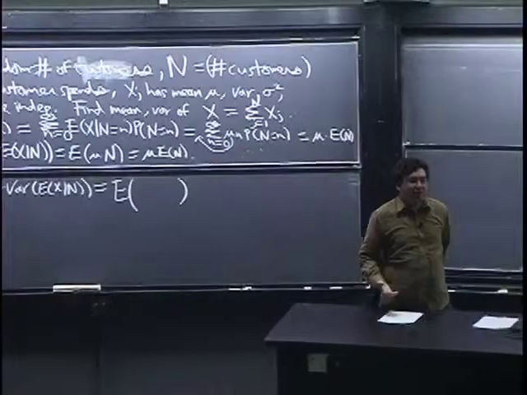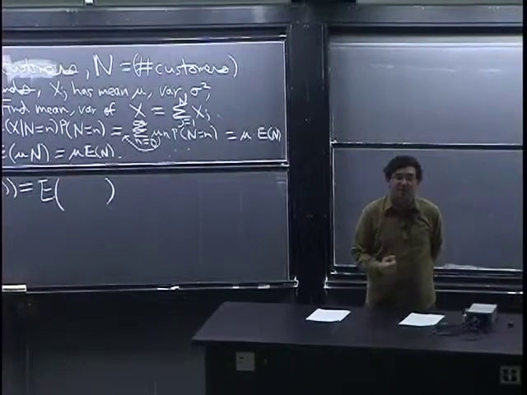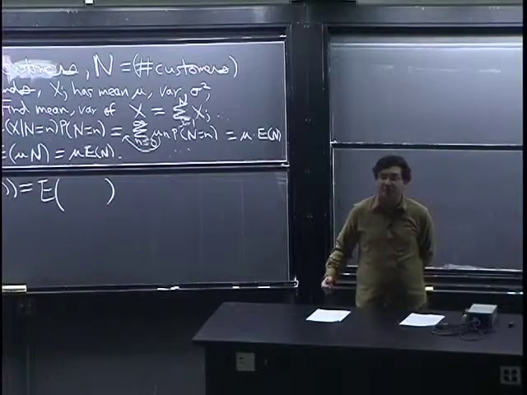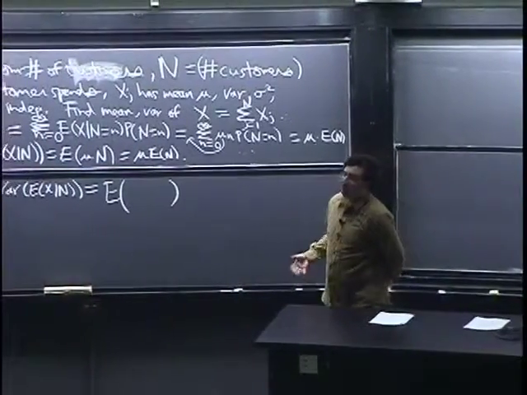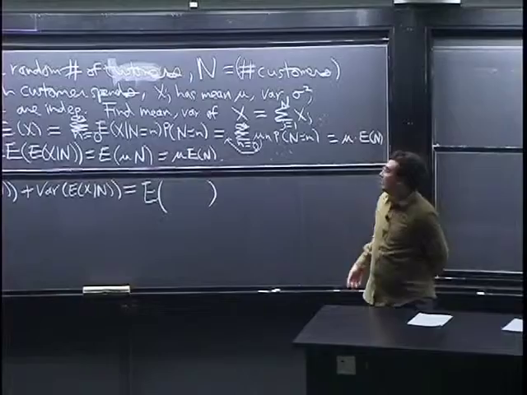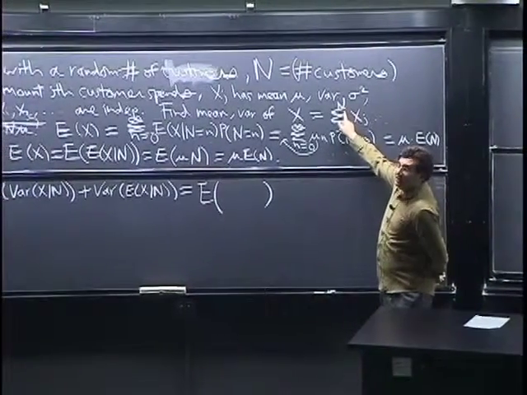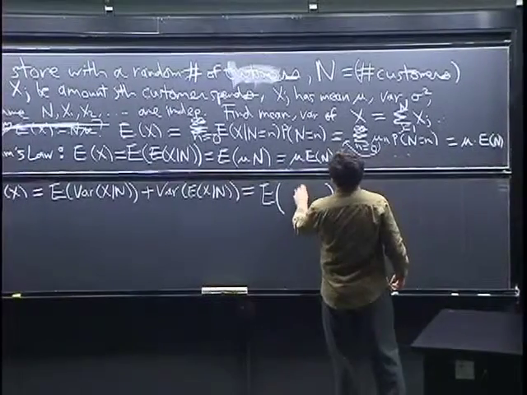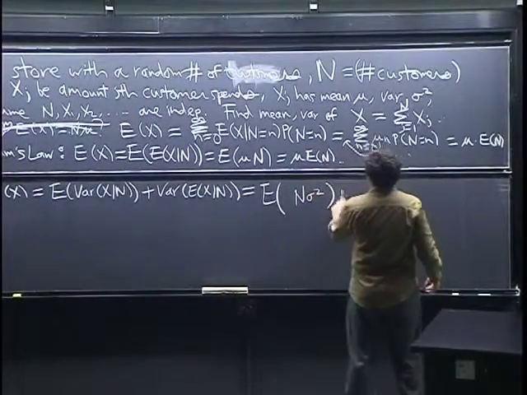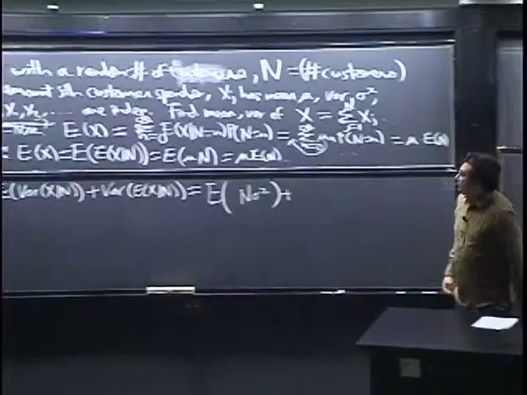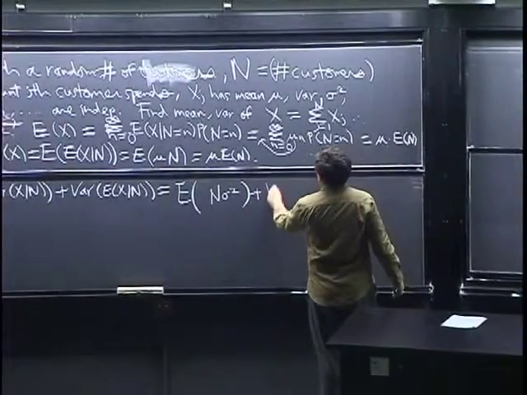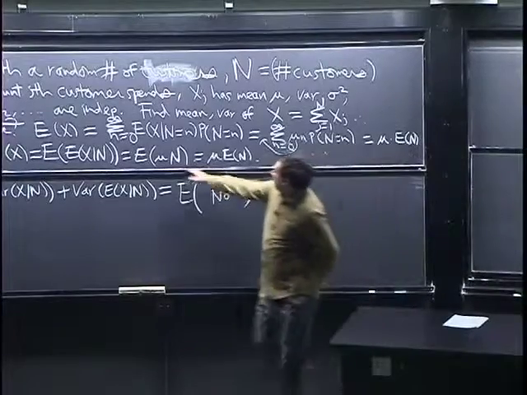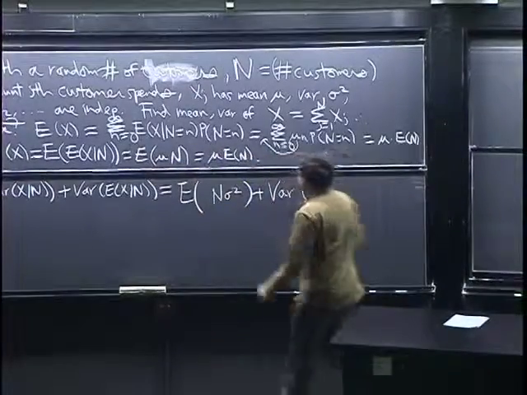Well, we know that the variance of the sum of a fixed number of independent random variables, you just add up their variances. We proved that before. There are no covariance terms because I assumed they're independent. So if we're treating n as a constant, the variance is just n times the variance of one term. So that's just n sigma squared plus, we need the variance of the conditional expectation, but we already found that the conditional expectation, E of x given n, is mu times n, as above.